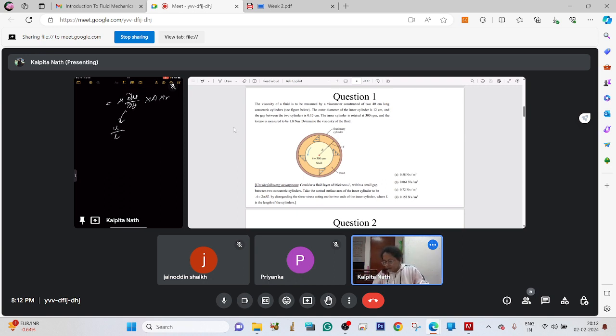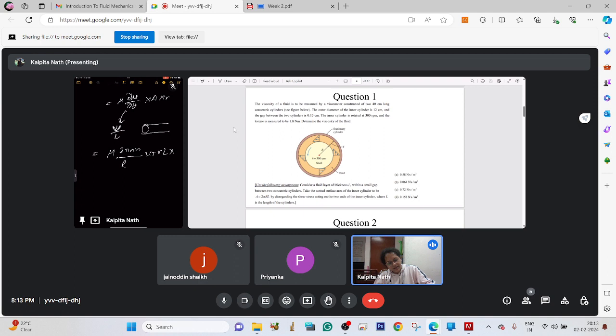So this we write as V by L, and V we can write as angular velocity into radius. Angular velocity is 2 pi into number of rotations, so we put here 2 pi N R upon L, into 2 pi R L. Area is 2 pi R into length, the circumferential area where the change is taking place, right?